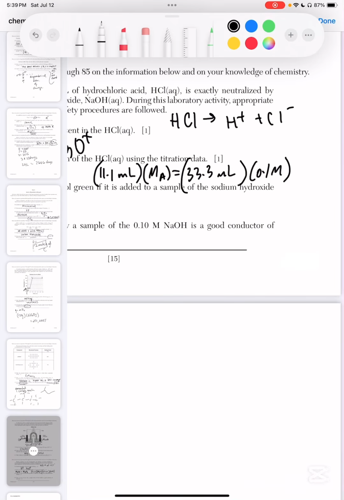If you plug that into your calculator, I got 0.3.